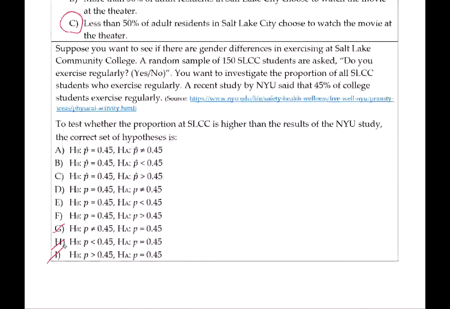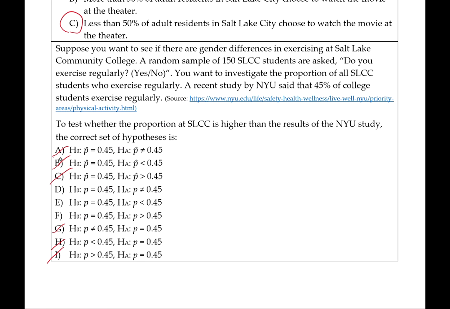The next thing to remember is that hypotheses are always about parameters. The parameter here is the proportion of all SLCC students who exercise regularly. The symbol for the population proportion is P, not P hat. So we can eliminate A, B, and C since those all have P hat symbols in them, and that's the symbol for the sample proportion.